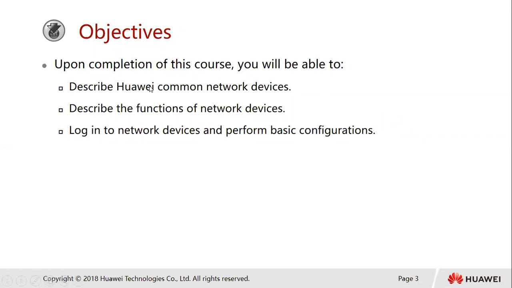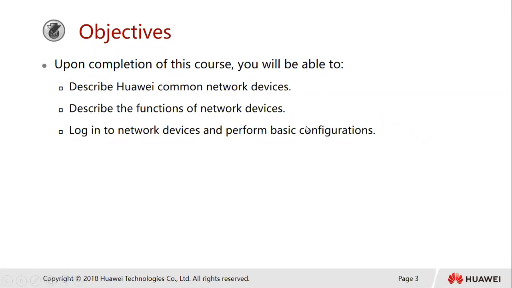Objectives: upon completion of this course, you'll be able to describe Huawei common network devices, describe the functions of network devices, and then log in to network devices and perform basic configurations.